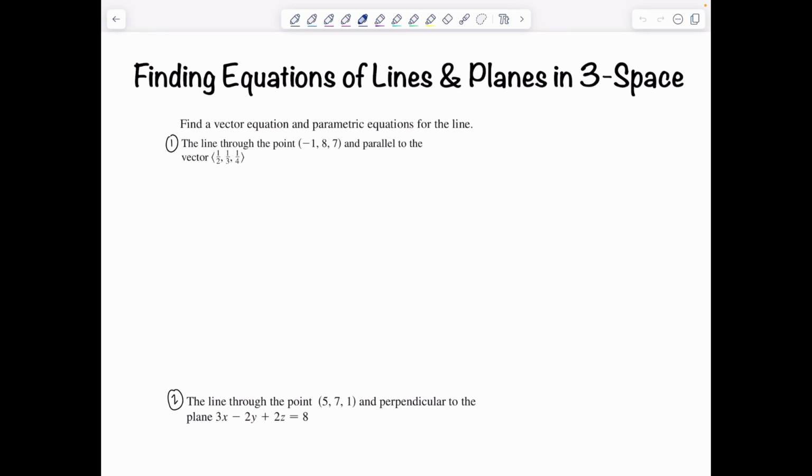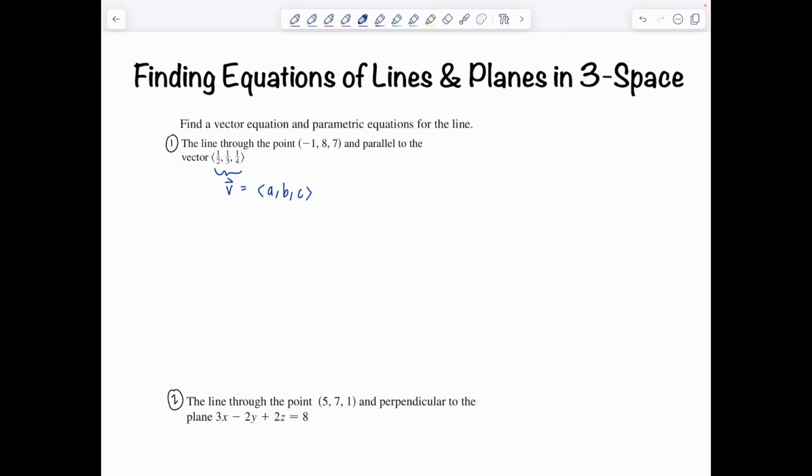So first problem says, find a vector equation and parametric equations for the line. And it tells us the line goes through the point -1, 8, 7, and it's parallel to the vector 1/2, 1/3, 1/4. So this is my direction vector V, and the components that are given are a, b, and c.